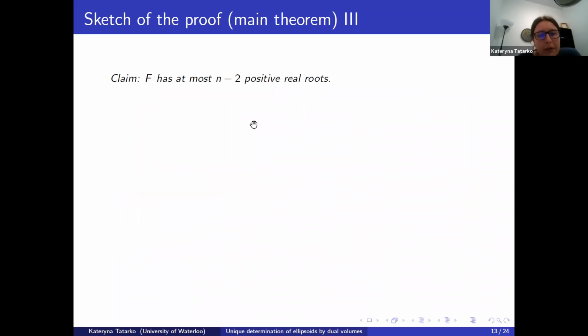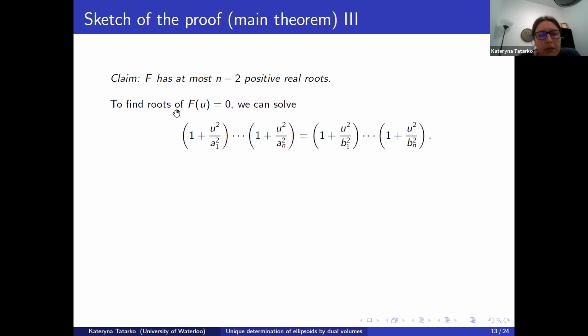In order to show that F has at most this number of roots, we need to solve this equation. Using the expression of F capital, putting the fractions on two different sides, taking reciprocals, and squaring both sides, we can rewrite it in the following form. Now we can expand the left-hand side and right-hand side in the following way.